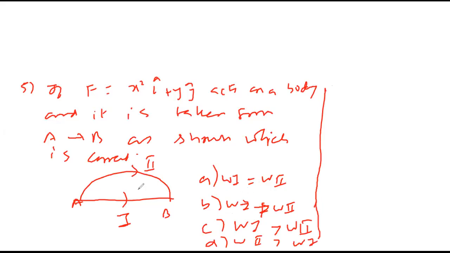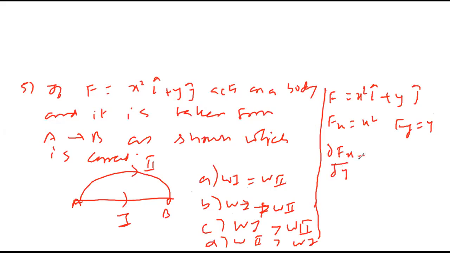Now, if it is conservative, then work done is same because it is independent of path. So F equal to x square i plus yj cap. X component is x square and y component is y. So the derivative of x with respect to y is 0 and the derivative of y with respect to x is also 0.